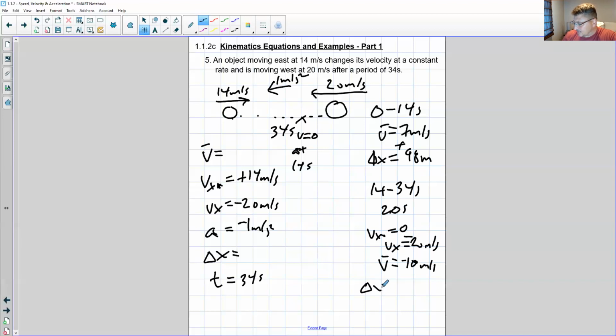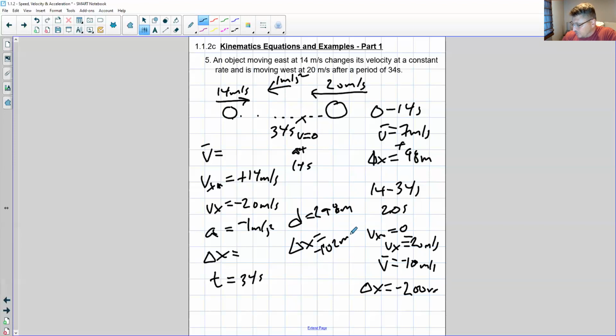So our delta x now is negative 200 meters. So our distance traveled is 98 plus 200, or 298 meters. But our change in position is 98 minus 200, which is minus 102 meters.